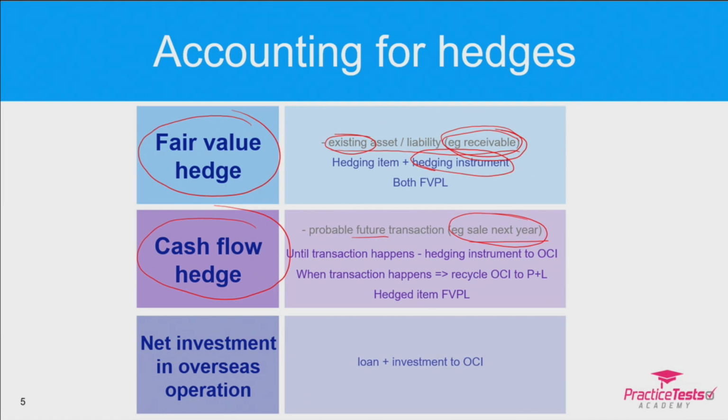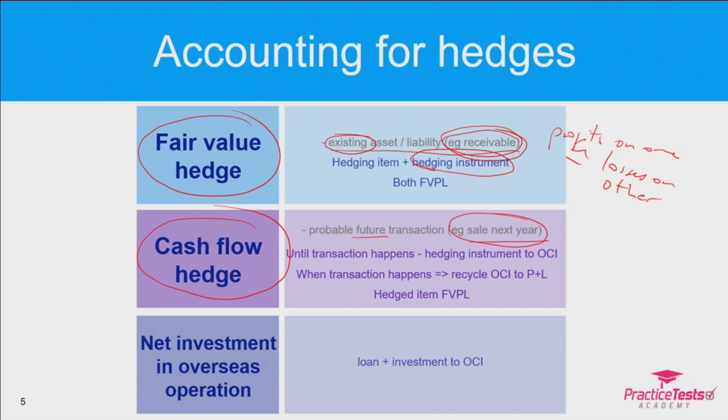So what you would typically end up with, if the hedge is a nice close match to the size of the underlying transaction, the profits and losses both cancel out. So the profits on one are more or less the same as the losses on the other, which is what you wanted, which is why you've done this, to act as a counterbalance, to take the pain away, take the pleasure away. So that's a fair value hedge.